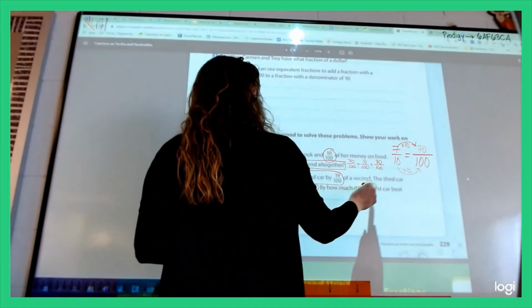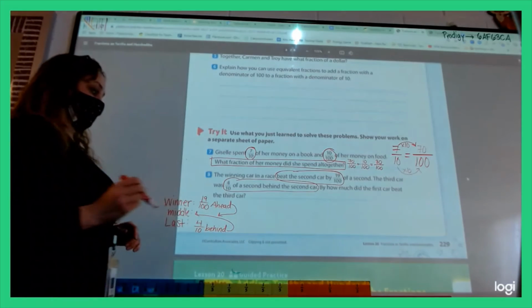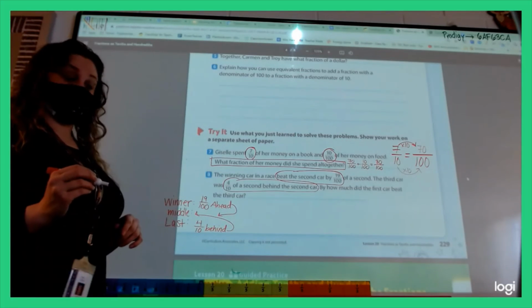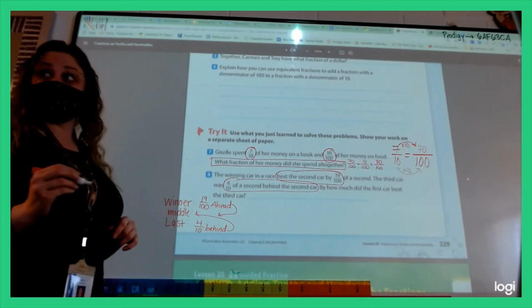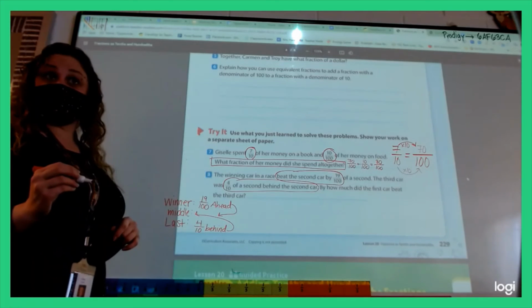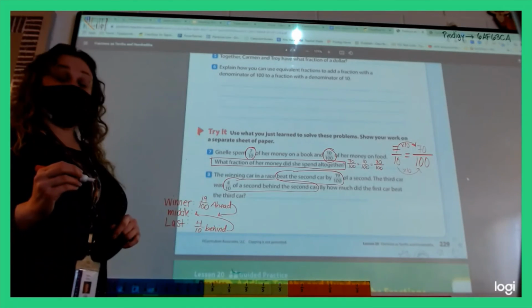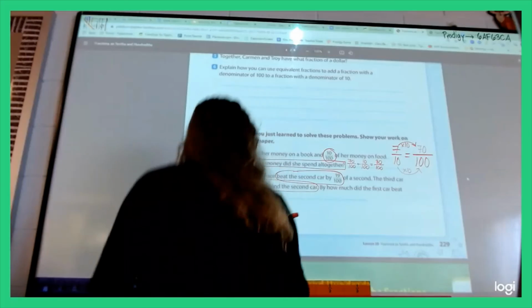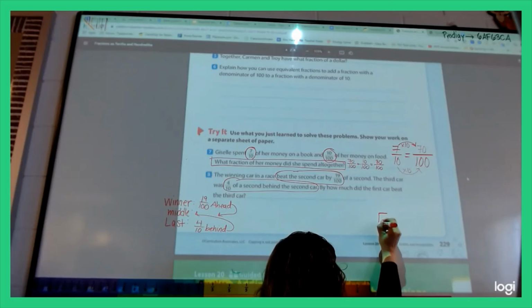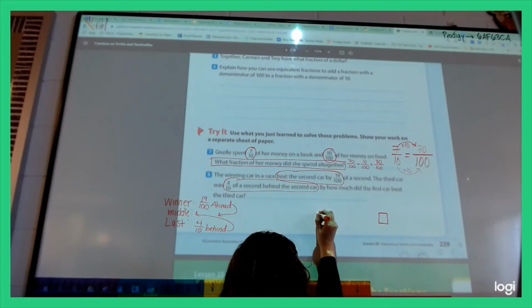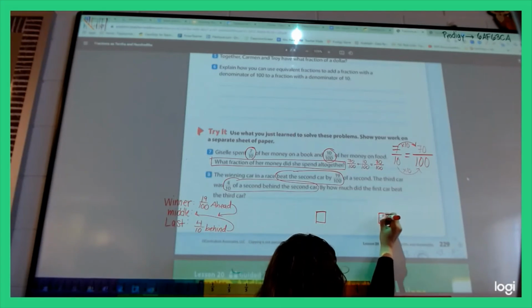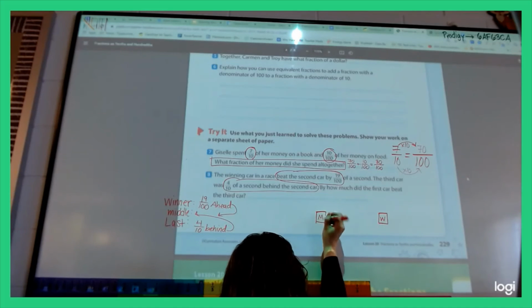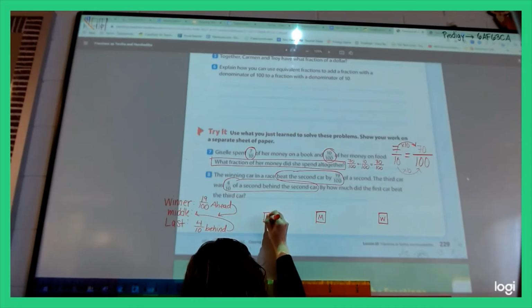By how much did the first car beat the third car? Maybe we need to subtract. What do you guys think? I think I need a picture even. Okay, let's draw a picture. So I'm going to use squares to be cars because I don't feel like being fancy. All right, we've got 3 cars. This is the winner. This one's in the middle, and this one's in last.